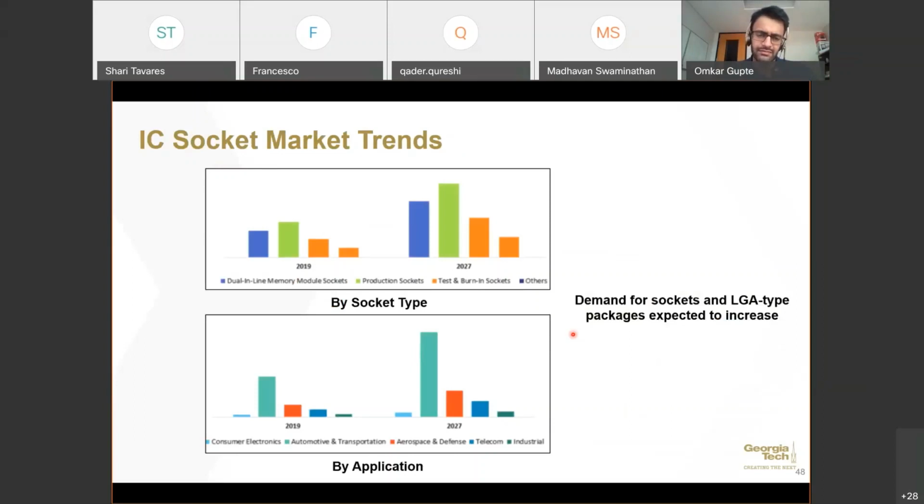So even by socket type, the production sockets are expected to increase, and in most of the applications, the need for sockets is going to increase. And with sockets comes the need for using technology such as LGA or PGA, more likely LGA because that's the newer, more widely used technology.